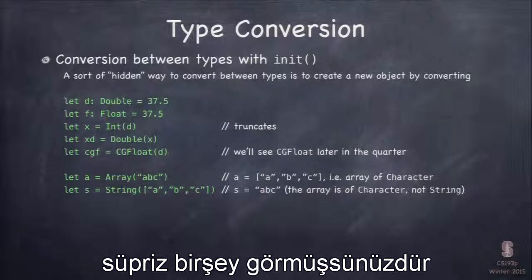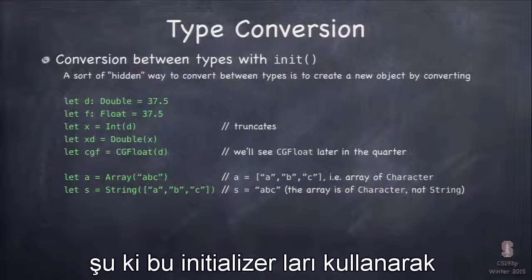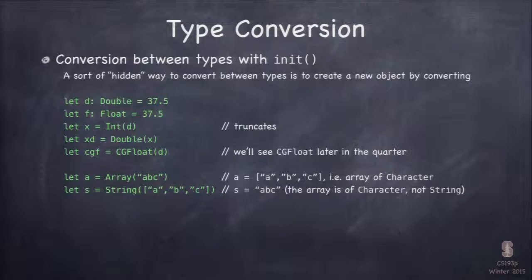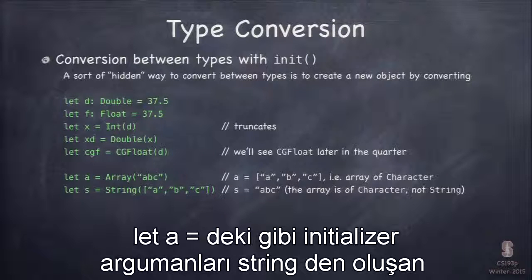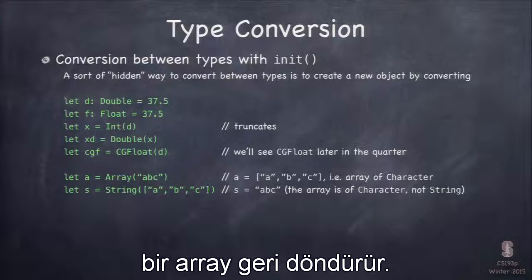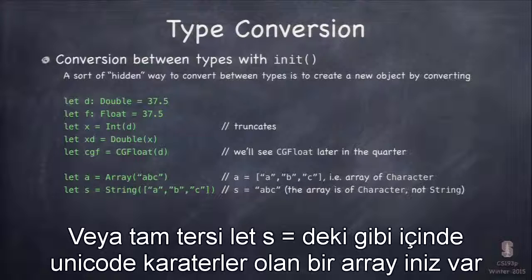But you also might be surprised, if you read the homework carefully or the reading assignment, you saw this, that you can convert arrays and strings using these initializers. For example, you can say Array of a string, so create a new array, and the initializer's argument is a string, and it will return you an array of all the characters in that string, Unicode characters.